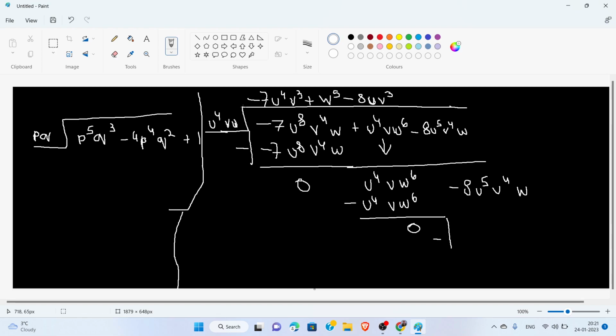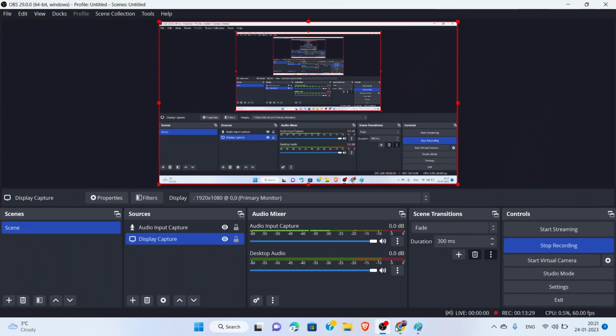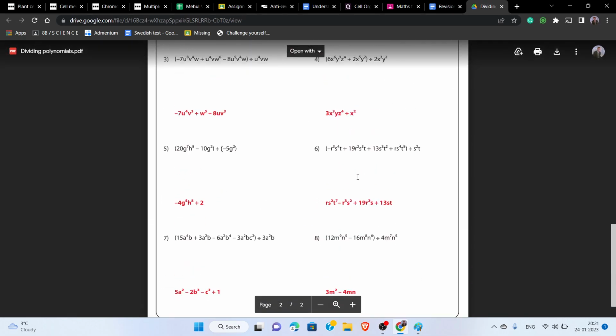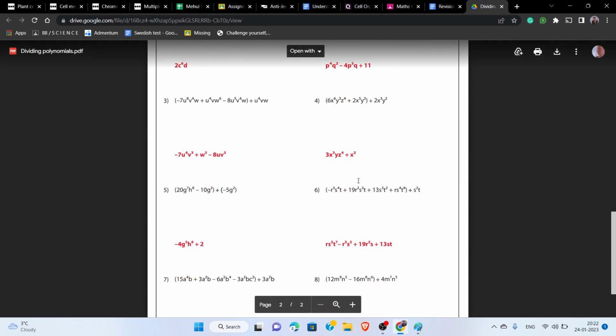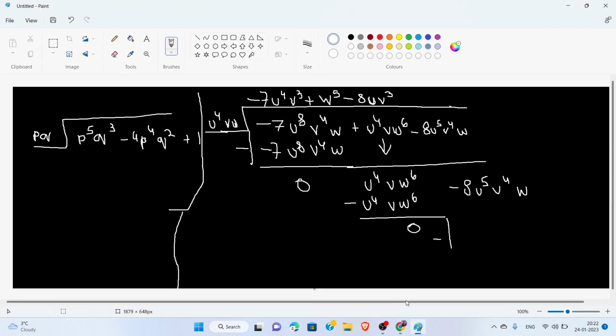So the final answer is minus 7 u to the power 4 v to the power 3 plus w to the power 5 minus 8 times u times v to the power 3, or v cubed. Let's check if that's the correct answer. Also, I'm not going to edit the OBS here because this is a very emergency video, understand me? Good. Yep, correct.